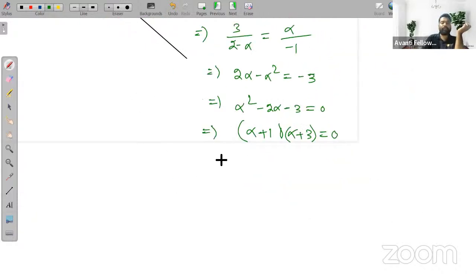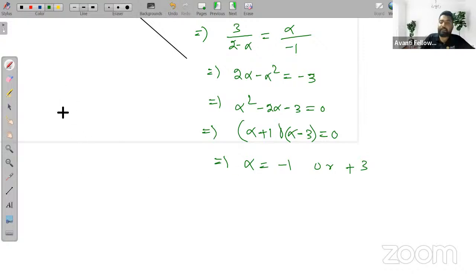So here we are getting the values of alpha as either minus 1 or plus 3.